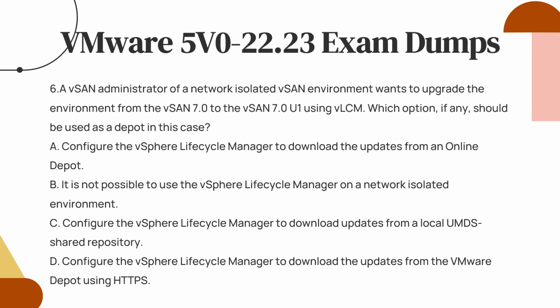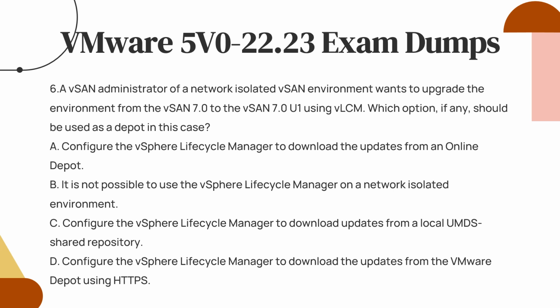6. A vSAN administrator of a network-isolated vSAN environment wants to upgrade the environment from vSAN 7.0 to vSAN 7.0 U1 using vLCM. Which option, if any, should be used as a depot in this case? A. Configure the vSphere Lifecycle Manager to download the updates from an online depot.